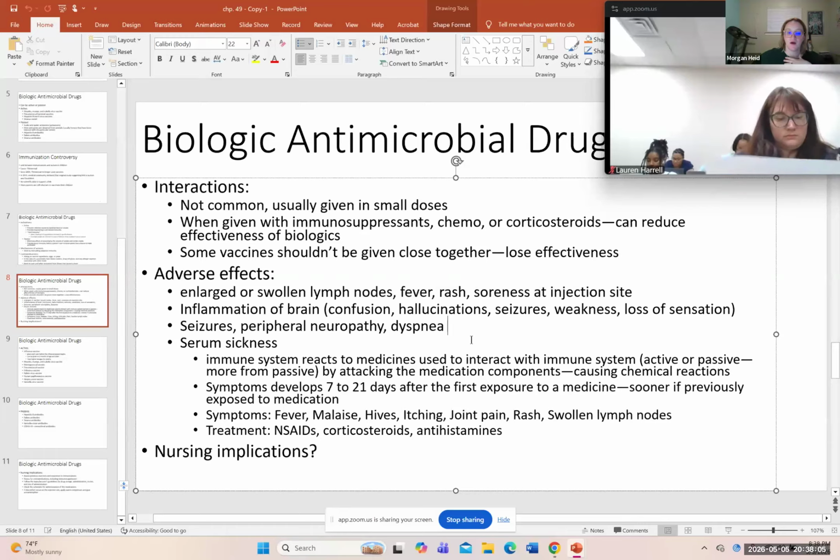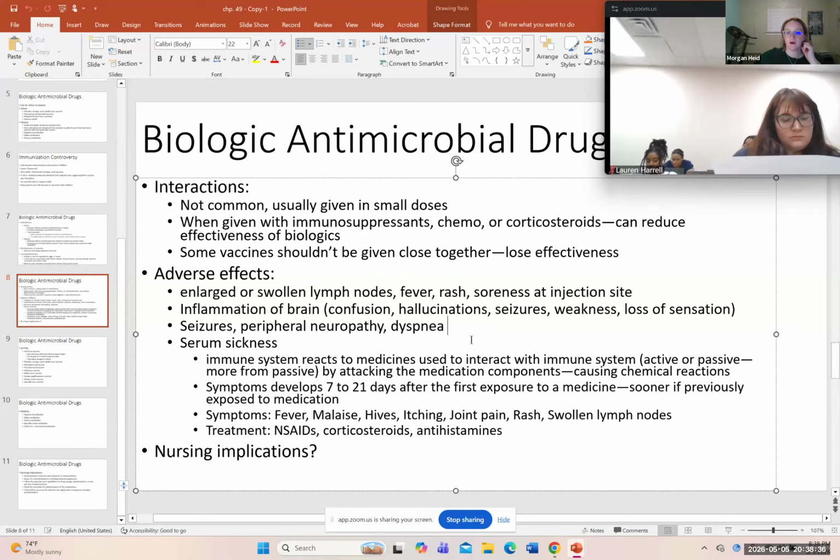I could get neurological side effects like confusion, hallucinations, seizures, encephalopathy, weakness, loss of sensation, difficulty breathing, peripheral neuropathy. So these would be some of the more serious adverse effects.